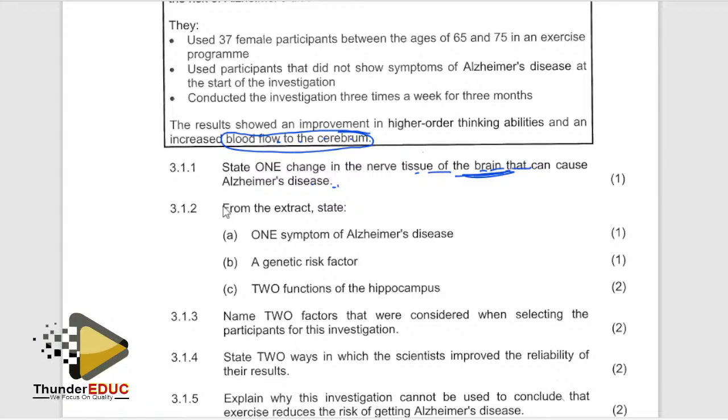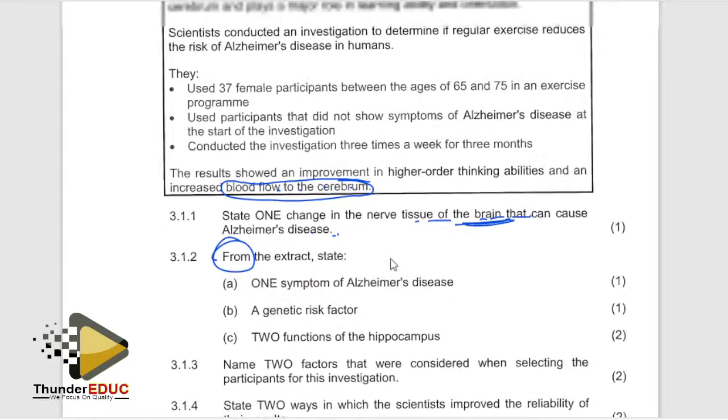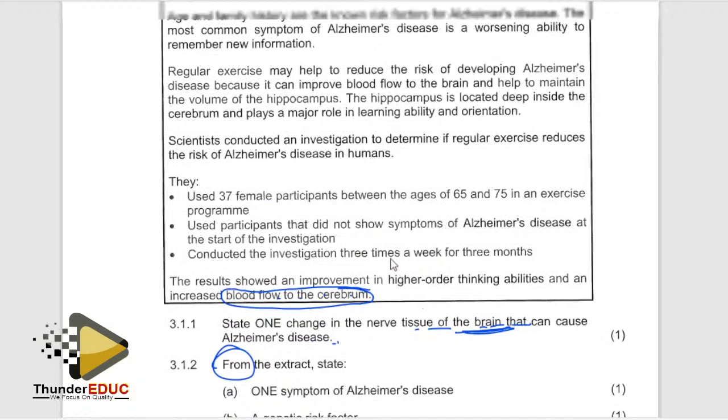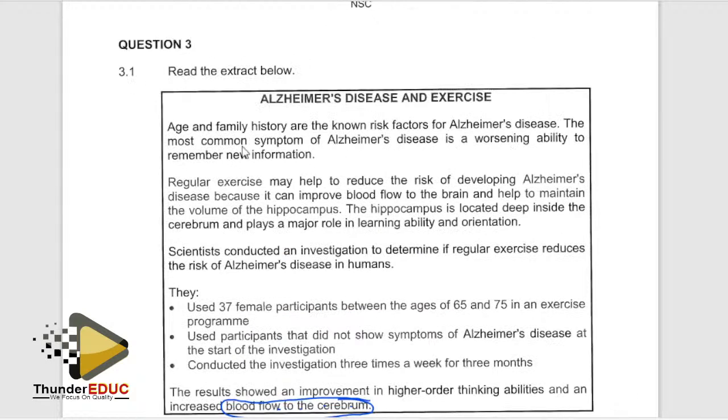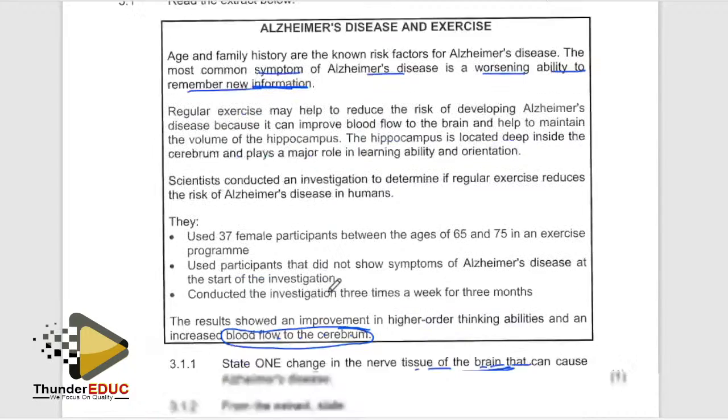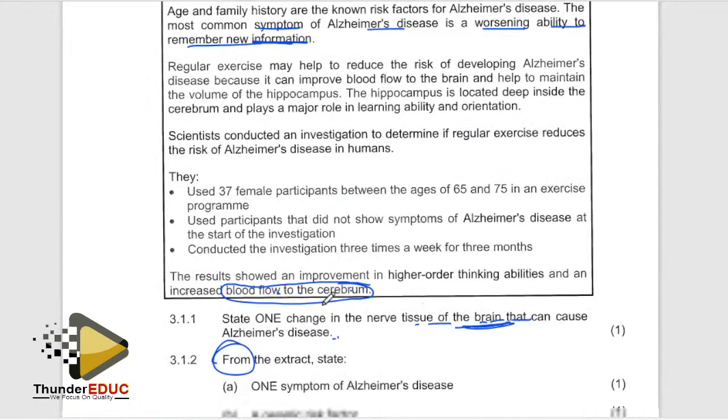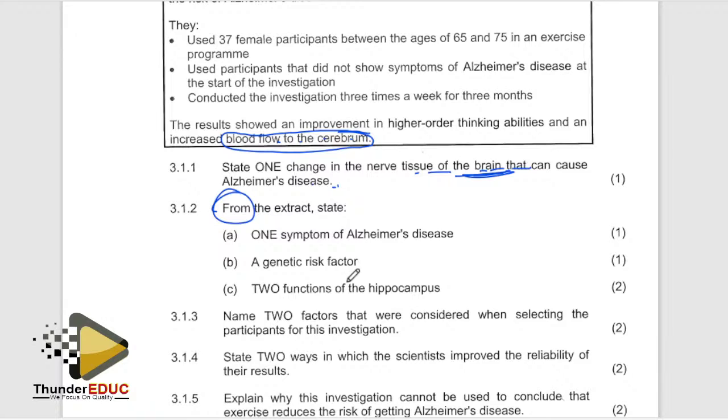From the extract, name 1 symptom of Alzheimer's disease. There are a lot of symptoms here. They say the most common symptom of Alzheimer's disease is worsening ability to remember new information. You can talk about it, or you can read if there is any other symptom.